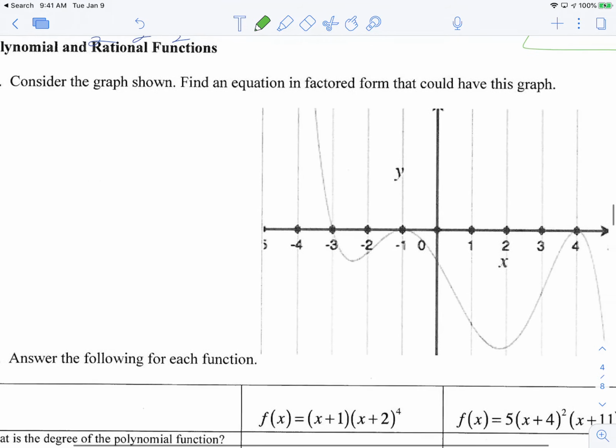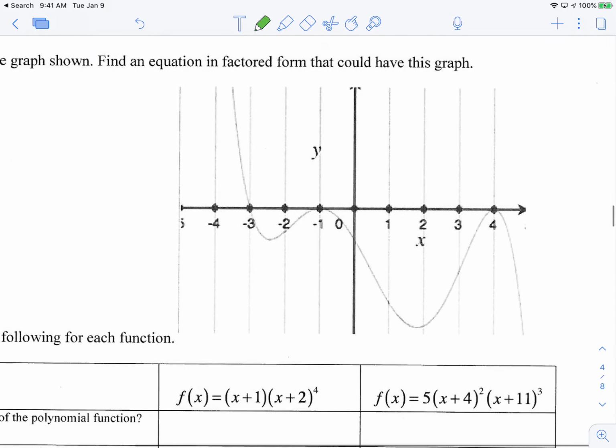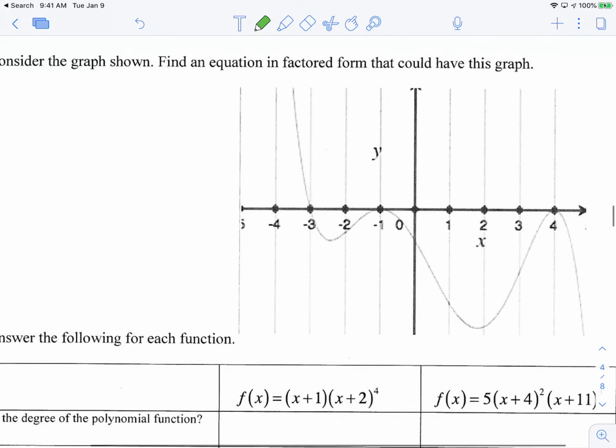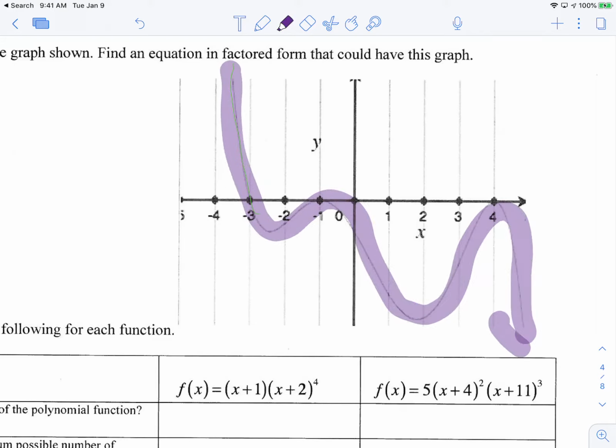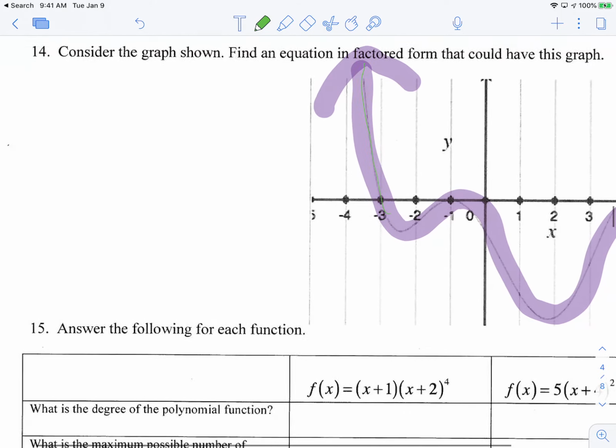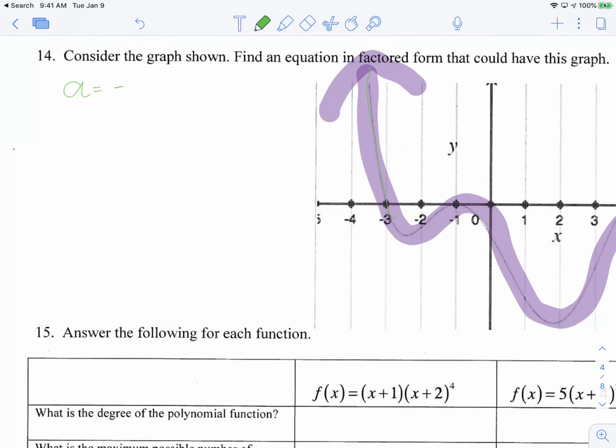All right, consider the graph. Find the equation in factored form. We're going to have this graph. First notice, since it's going down from left to right, we know that it's going to look like this. So the going down tells me that the a value has to be a negative number.